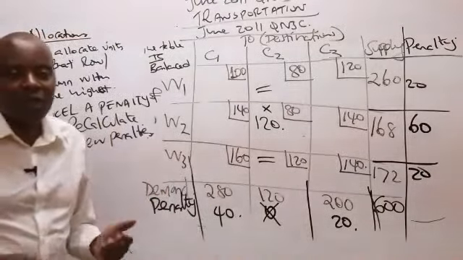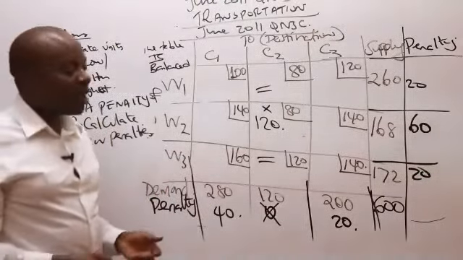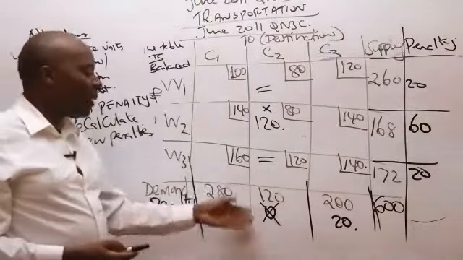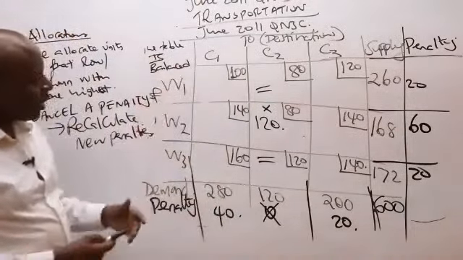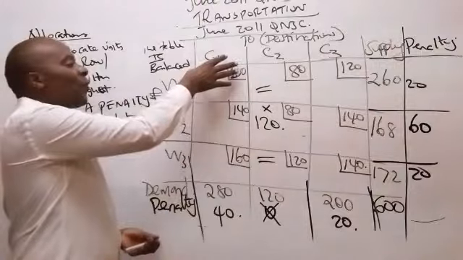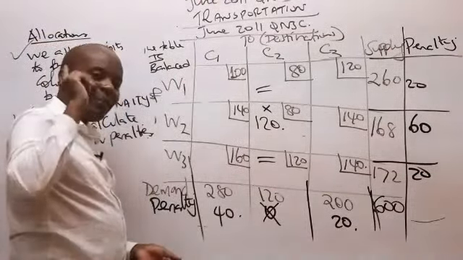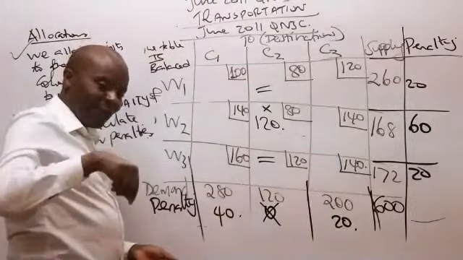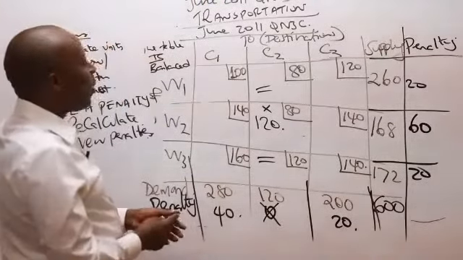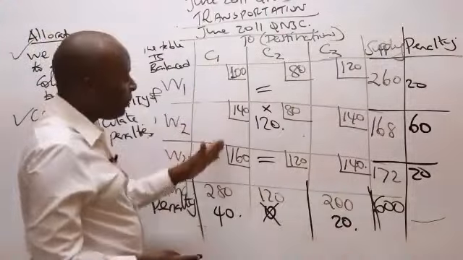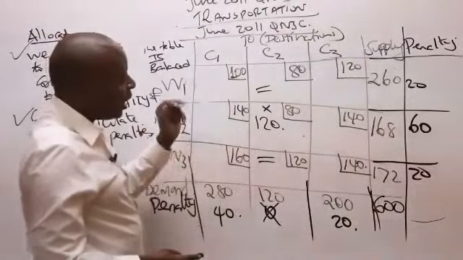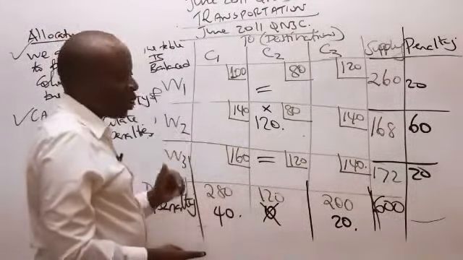Fortunately, I love penalty calculations. Whenever I cancel a penalty, I have to recalculate penalties afresh. And when I come to looking for these penalties afresh, I know it's about two best cells: best cell minus second best. So looking at this column, the very best cell is 100, followed by the next one, which is 140.